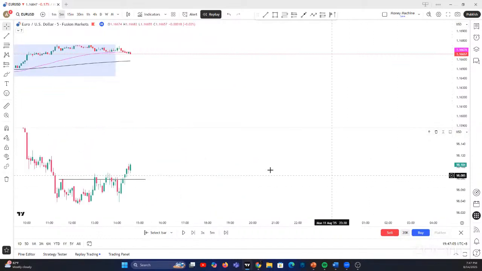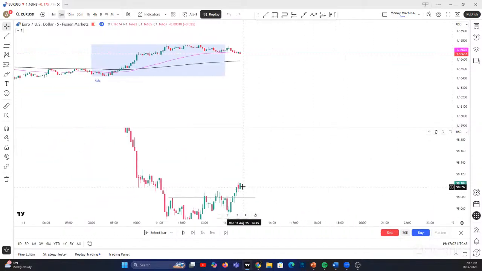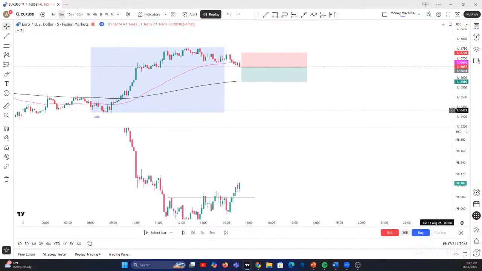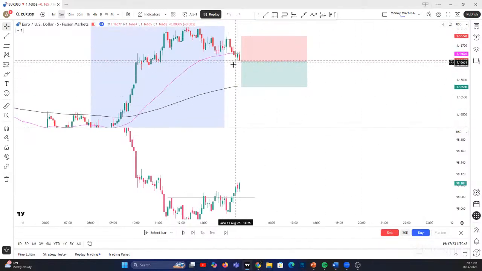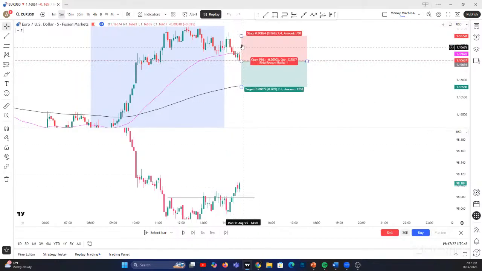Okay, that's the bullish engulfing. It engulfed the red candle here. So get your long position. Sorry, short position because you're trading Euro USD. And just here, if you will notice, that's a bearish engulfing. If this is bullish engulfing, this is bearish engulfing in the Euro USD.